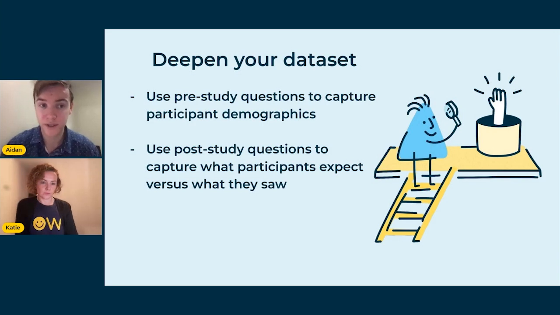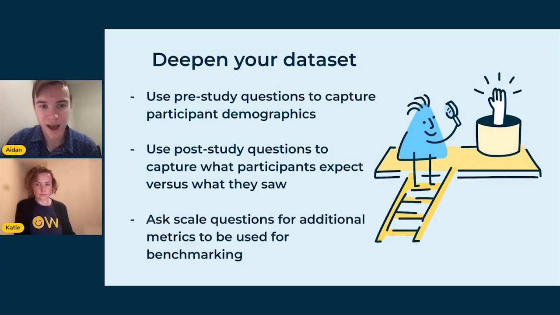And post-study questions can be used for that discovery of asking people what made sense to them, what didn't make sense to them, what they thought in general, what some of their pain points and frustrations were. And also you can get additional data points for benchmarking within pre or post-study questions too. So you might want to add a scale question type to gauge people's confidence levels, specifically with finding the content they're looking for at the moment.